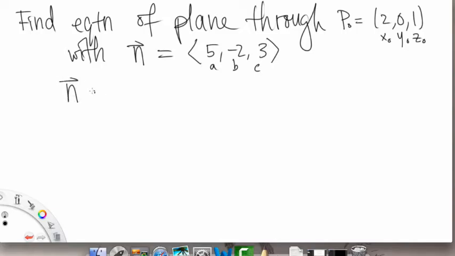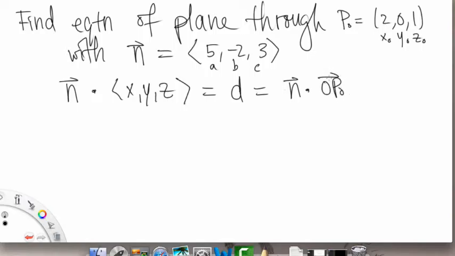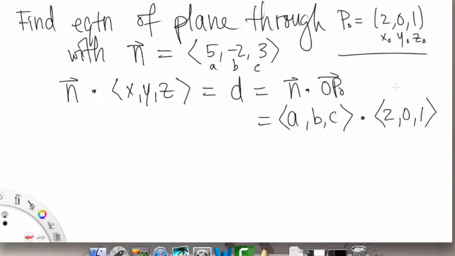So I'm going to use the last definition that I gave you for the equation of the plane, and this is n dot (x, y, z) is equal to d, all right? And remember, d is the same thing as n dot OP naught. And that is (A, B, C) dotted with our point P, but just written as a vector, so (2, 0, 1) with arrow brackets.